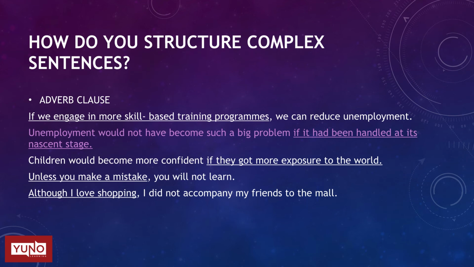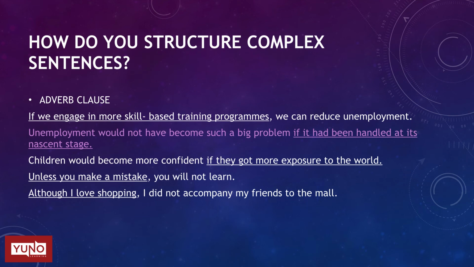If we engage in more skill-based training programs, we can reduce unemployment. What do you have over here? You have a present simple tense. So you can use we can, we will, we may. But if the if clause has the conditional with a past perfect, like if you had told me earlier, I would have helped you, then the main clause has would plus have plus a past participle.